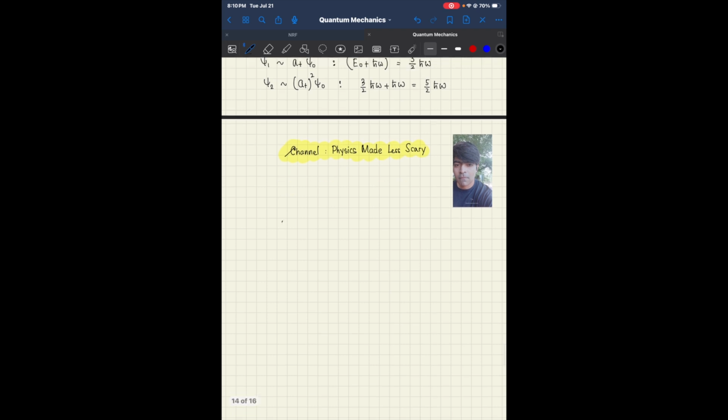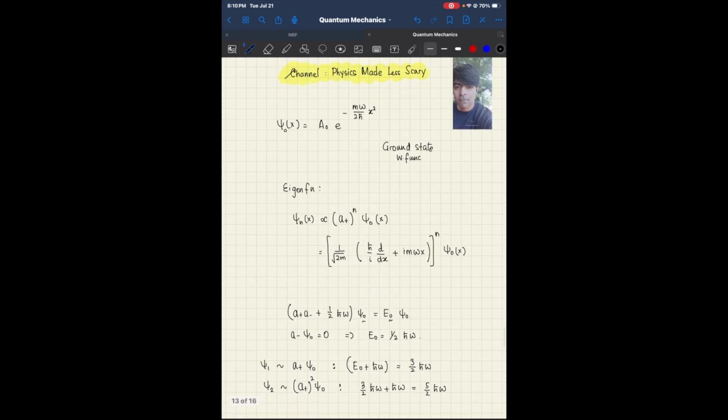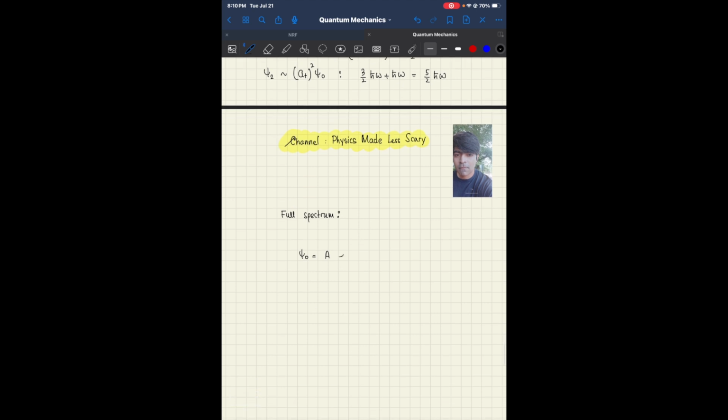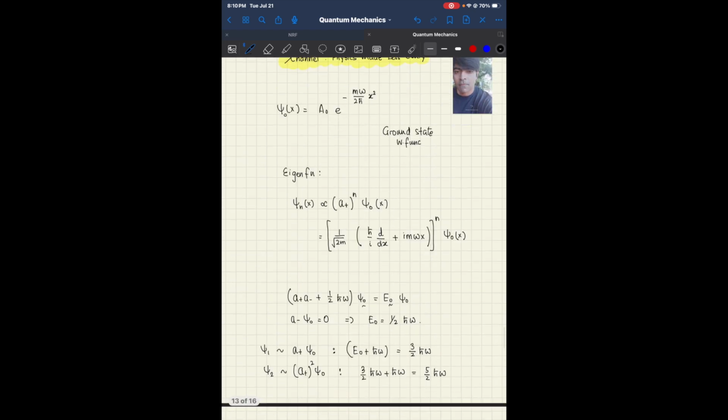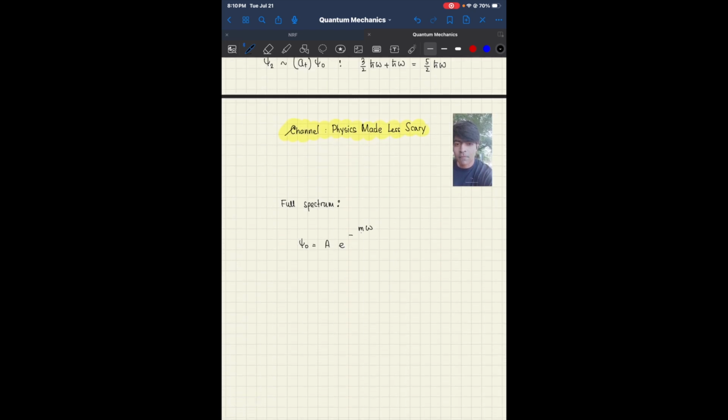So let's write the full spectrum. Your psi 0 is A e to the power minus m omega by 2 h cross x squared, and this is its eigenfunction.